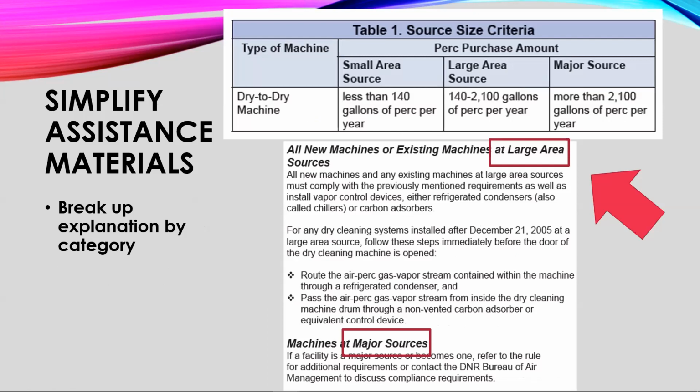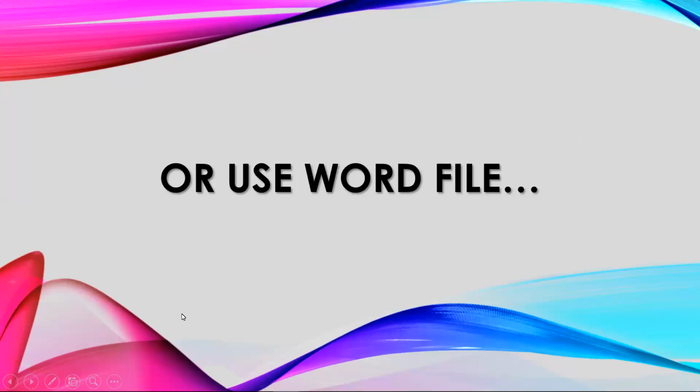This is actually within our compliance calendar for the dry cleaners, and then breaking down the requirements by those groups, saying, all right, if you are a large area source, then these are the only pieces that apply to you. And the way I broke down that rule helped me to set this up at the beginning.